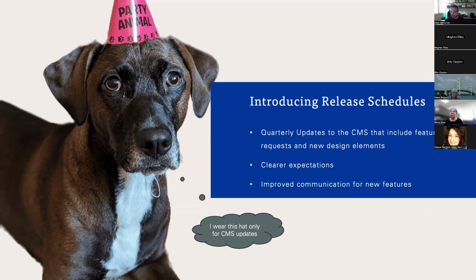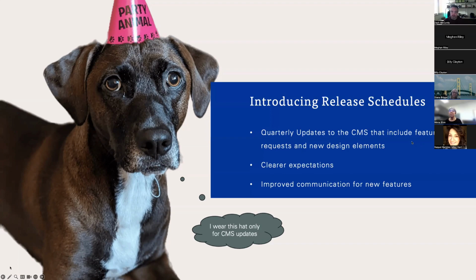So what we're going to be doing now is introducing these release schedules where quarterly, maybe 3 times a year, we're going to be adding new features and new things to the CMS5, and then we will relay that information to you. So things like feature requests, if you have an idea for a new module, or if you have something that you think would be beneficial for the rest of the university, we will then put that into a release.